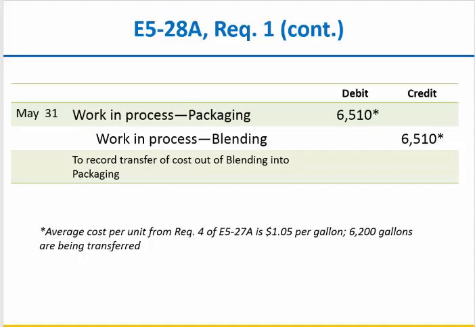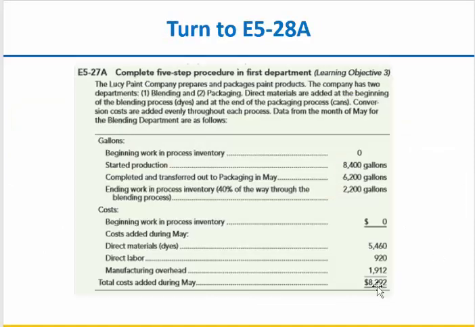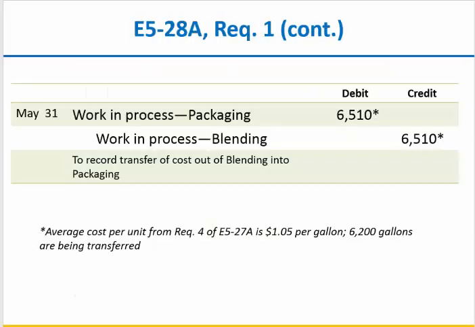But let's assume that after you apply learning objective 3, we have 8,292, this amount of cost, and we find out that $6,510 out of $8,292 has been assigned to the units completed and transferred out. So therefore, you're going to see the cost flow from the blending to the packaging in that amount.